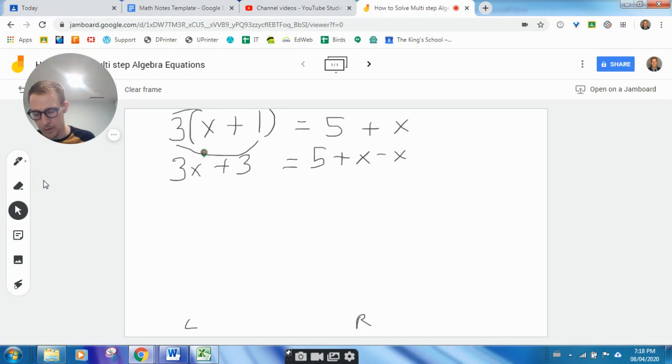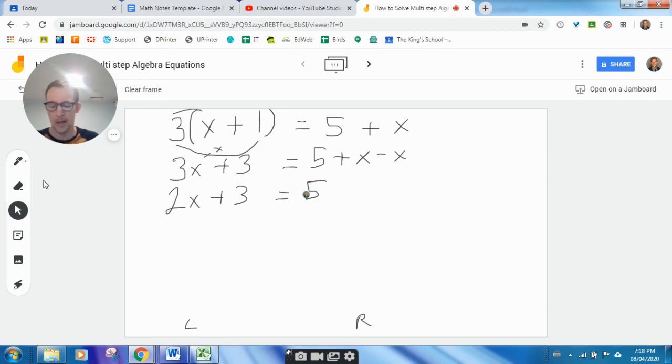If I subtract x from this side here, it just gets rid of it. And if I subtract 1x from 3x, I'm going to have 2x. That gives us 2x plus 3 is equal to 5.